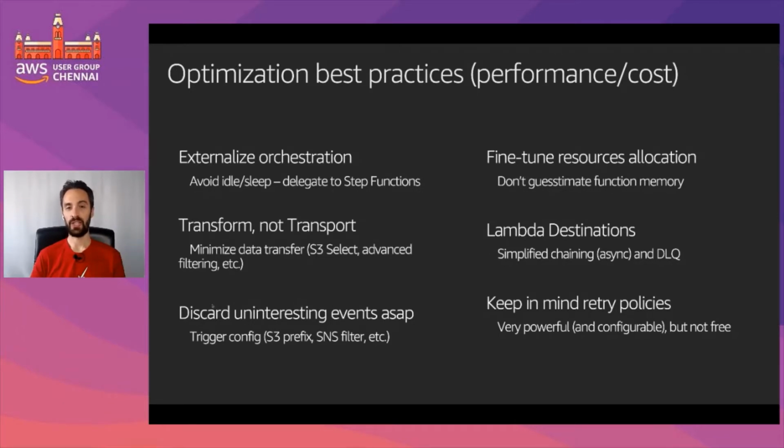You can filter out all the non-JPEG objects directly in the S3 trigger, and that's super easy to do. So every invocation that doesn't happen is money you're saving. So you better avoid those invocations in the first place.